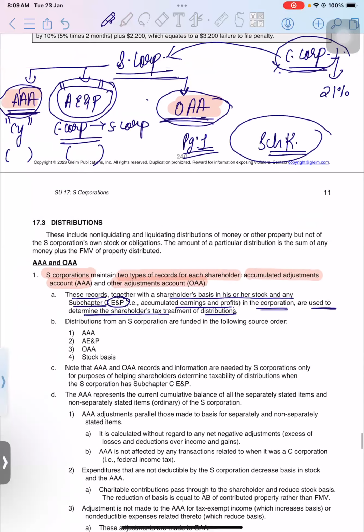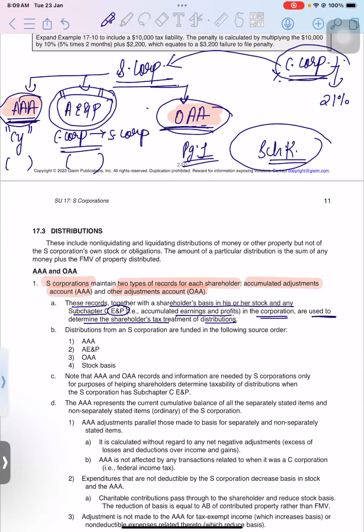As soon as the distributions are done, first you will deduct the AAA, second you will give a chance to accumulated E&P, and lastly if more distributions are done, you will check the OAA account and reduce it. If all these three accounts are zeroed out and there is still some extra distribution, you will look at the stock basis.